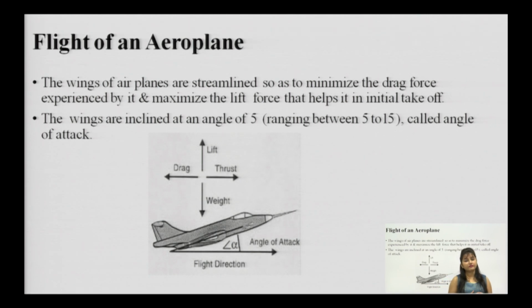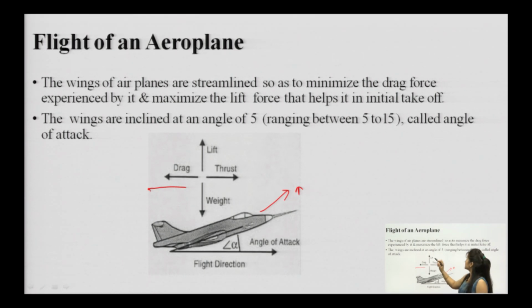The wings of any airplane are always streamlined so as to minimize the drag force, that is along the direction of movement of the plane, and maximize the lift force. If the lift force is maximized, the plane will keep on the elevated surface, and when the drag force is minimum, it will not keep it on the horizontal surface.